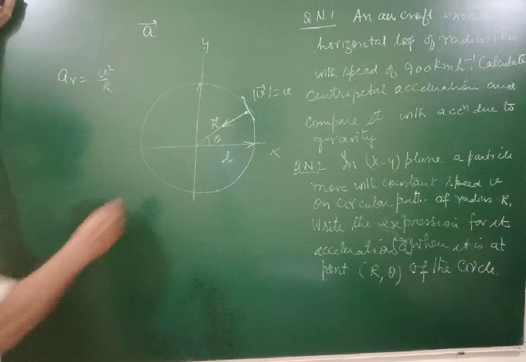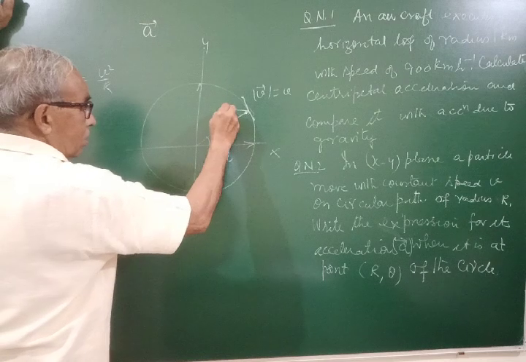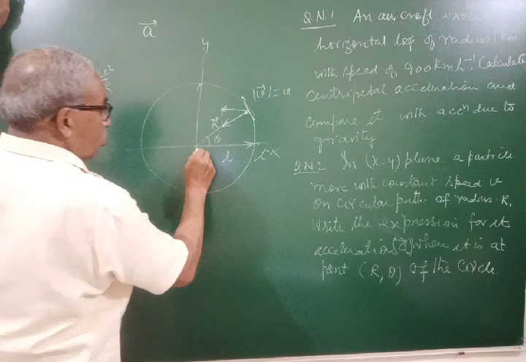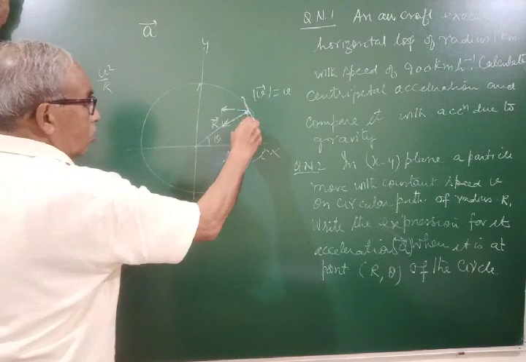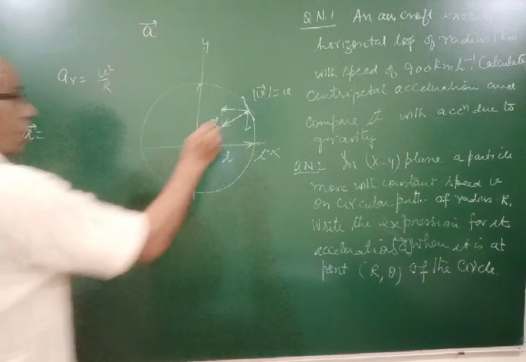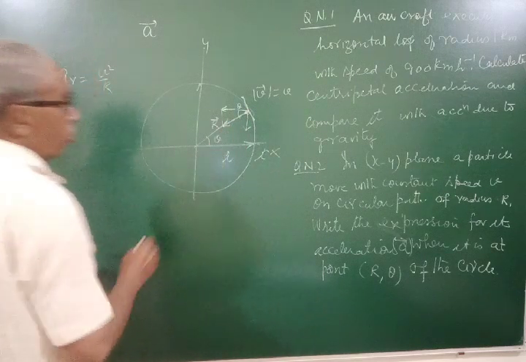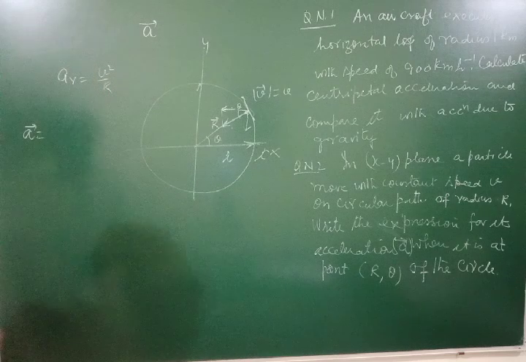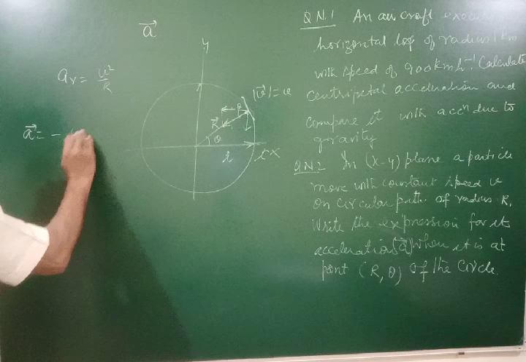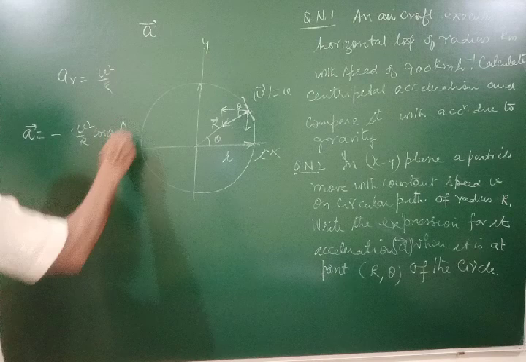But we have to write in vector form. So we can take components of these two vectors. Positive i is kept in this direction. The component of a along this direction is a cos theta, in this case it will be minus v square by r cos theta i cap.